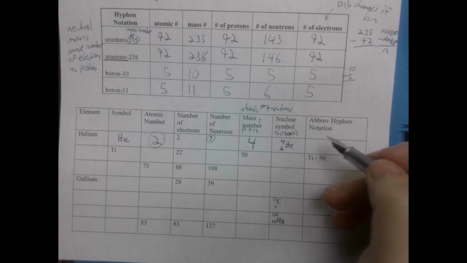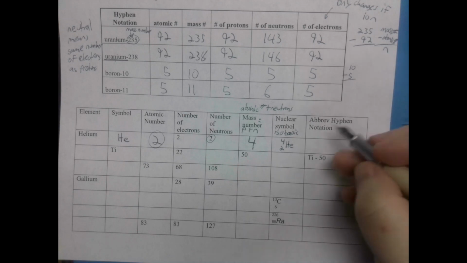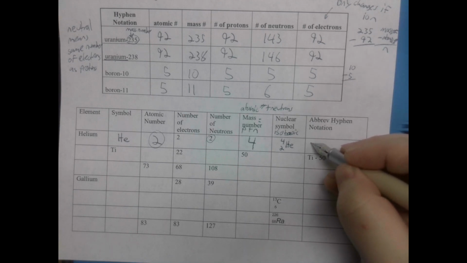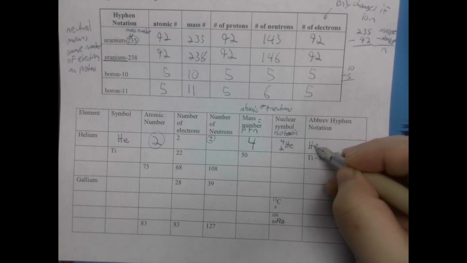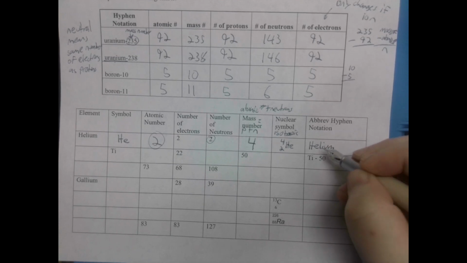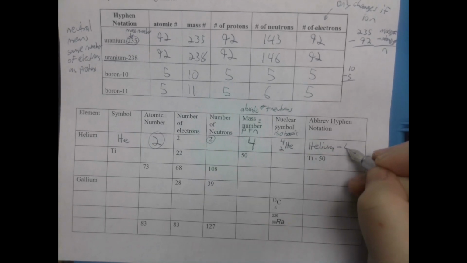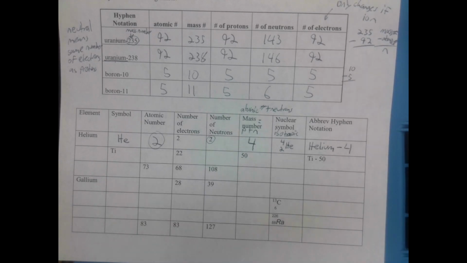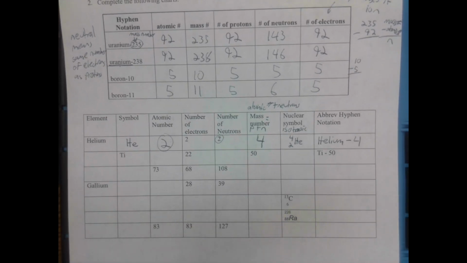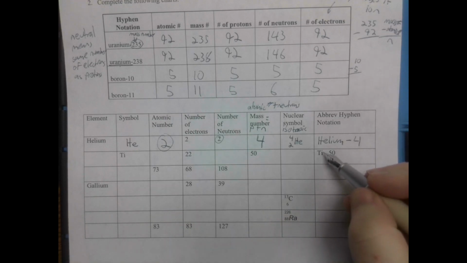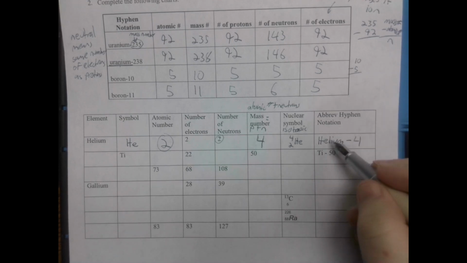And how would we write the abbreviated hyphen notation? Helium, you have to write the whole word out. And we put a dash, then the mass number. You could technically use the abbreviation and write it as He-4.